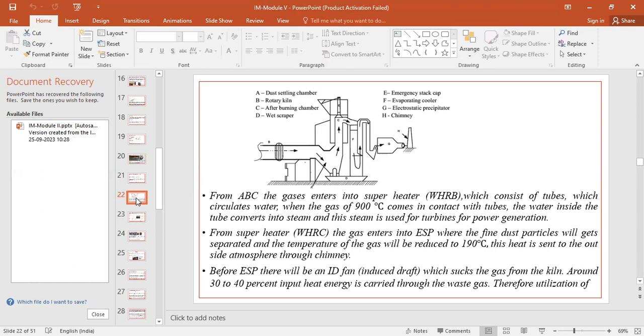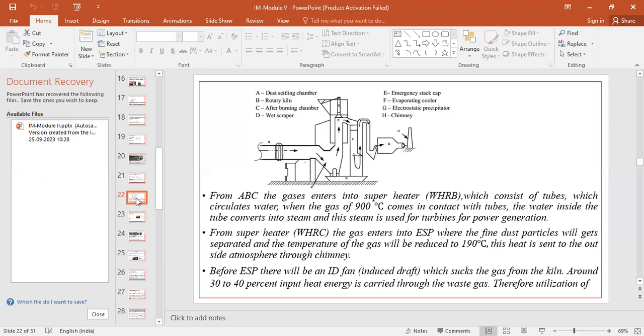So after the gas is allowed to fall onto these waste heat recovery boilers, the temperature of the waste gas will be reduced from 900 to around 200 degrees centigrade, and then the leftover waste gas will be sent to the ambient atmosphere.